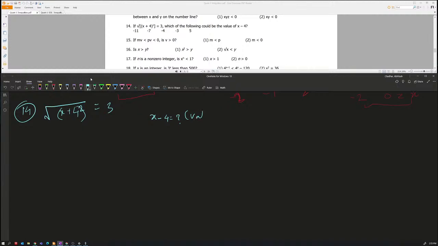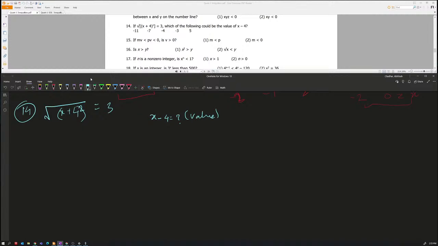We want a value here because it is a which kind of question. So in this case, this is given. Now what could be x minus 4? Basically, the value of x reduced by 4 should go here.